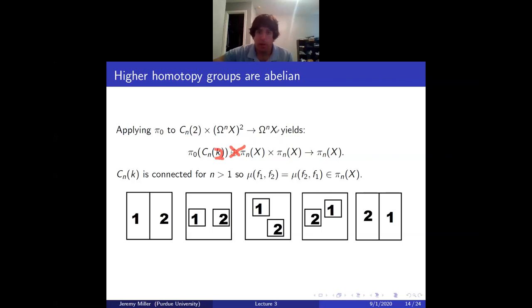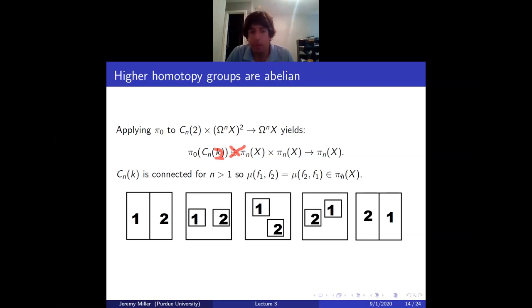So our multiplication map on homotopy groups and our multiplication map in the other order on homotopy groups both come from picking an element in Cn2, and then after taking pi 0, those are the same element once n is at least 2, so they give you the same map.